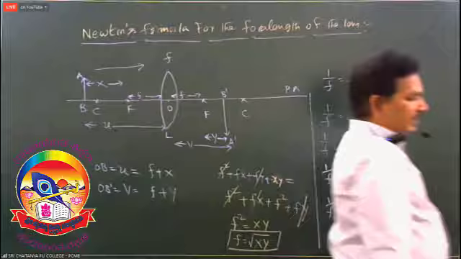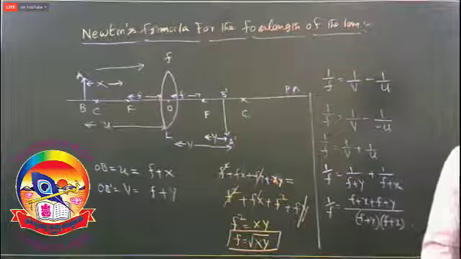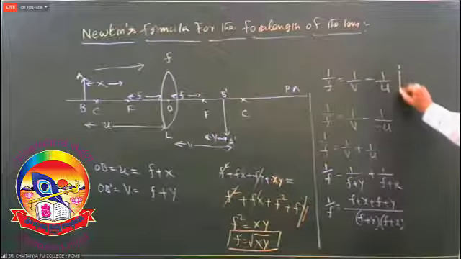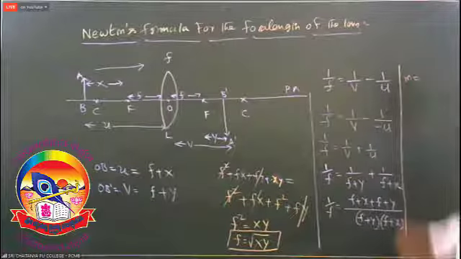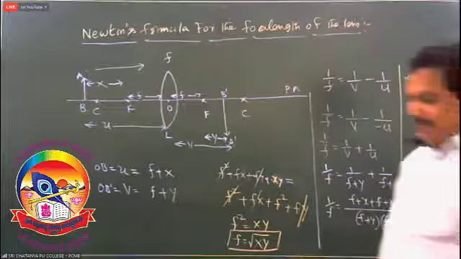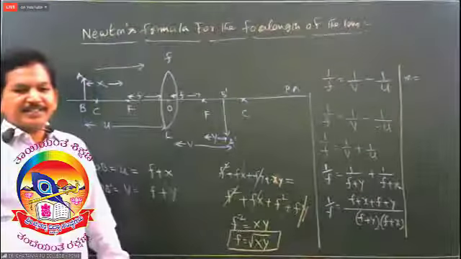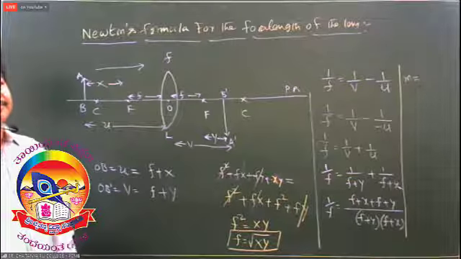In a similar way, you are asked to calculate magnification also. What is the expression for the magnification? Magnification is nothing but the size of the image by the size of the object, or we can write distance of the image by distance of the object.